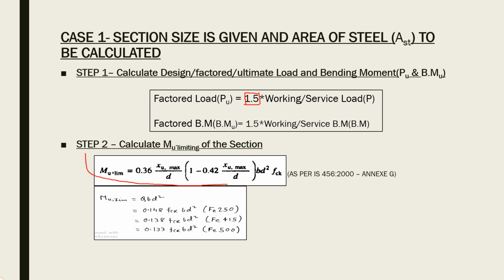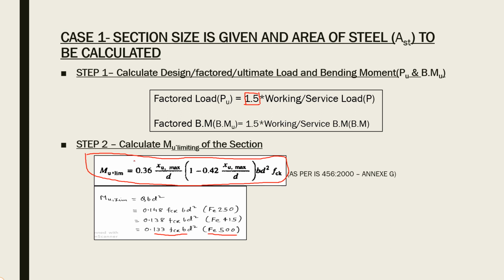I have simplified it for different sections: when you put all the values, that is fck and xu max by d, except bd square, this value will come: 0.148 fck bd square for Fe 250 steel, 0.138 fck bd square for Fe 415 steel, 0.133 fck bd square for Fe 500 steel.